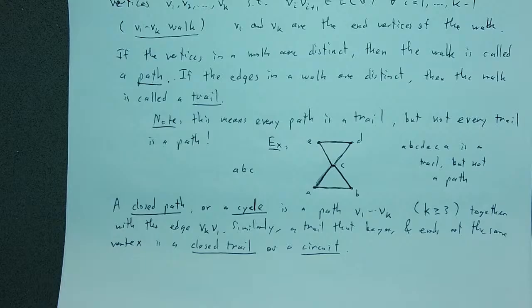The length of a walk, path, trail, cycle, circuit, whatever you want to call it, is its number of edges counting repetitions.